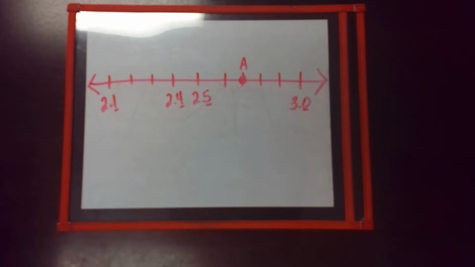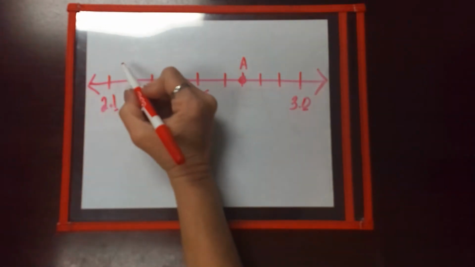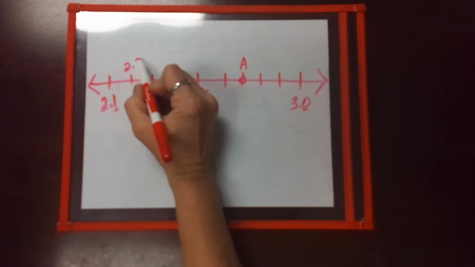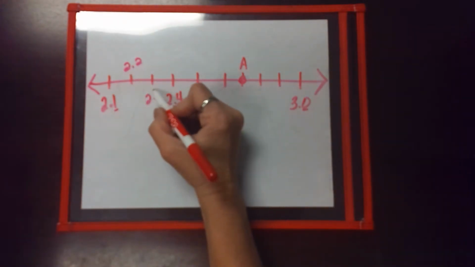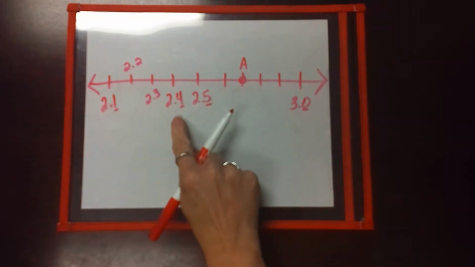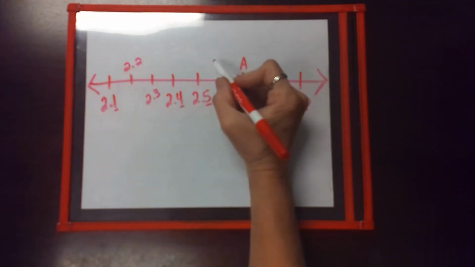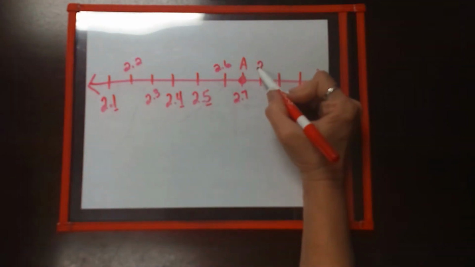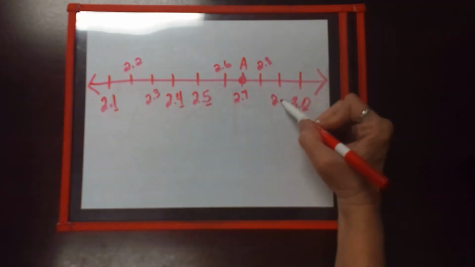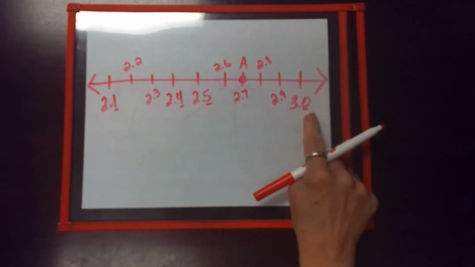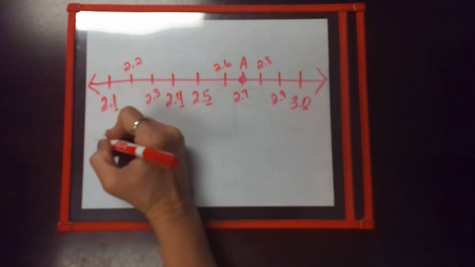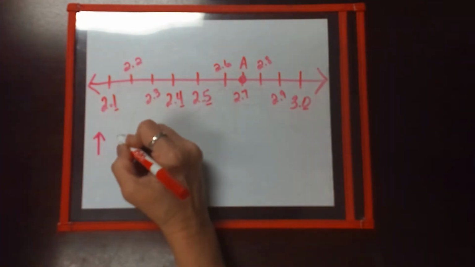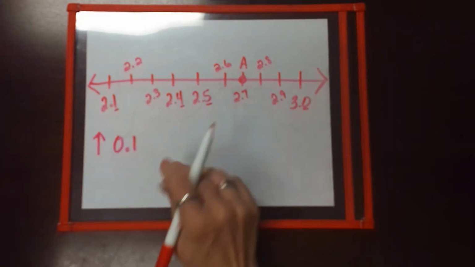So that can be my first try. So I label it 2 2/10, 2 3/10, 2 4/10, 2 5/10, 2 6/10, 2 7/10, 2 8/10, 2 9/10, and then 3. So yes, the interval is going up by tenths.